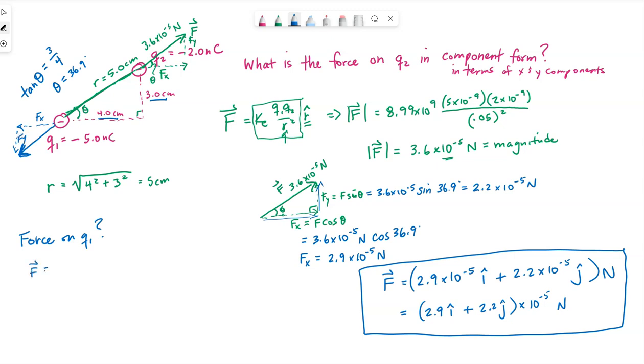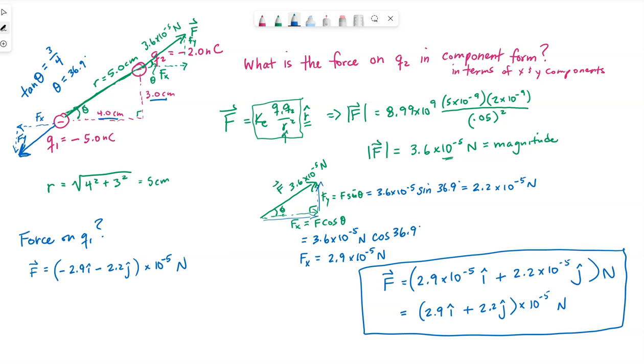Its force would be negative 2.9 i hat, meaning the negative x direction, minus 2.2 j hat, meaning the negative y direction, and both of those times 10 to the negative fifth newtons. So vectors, you might need to brush up on those.